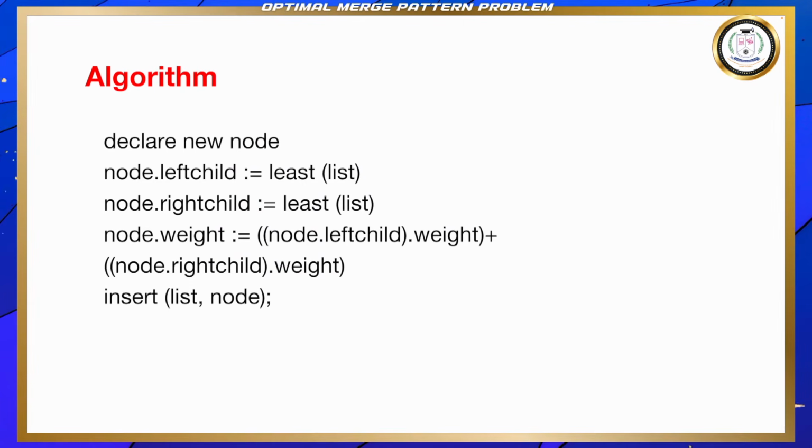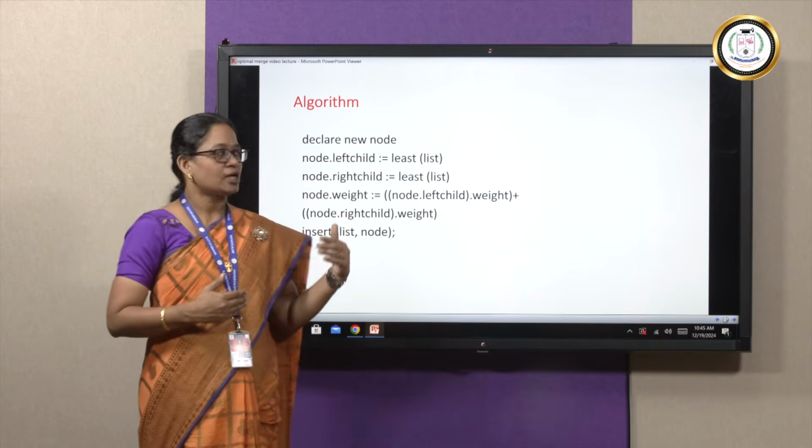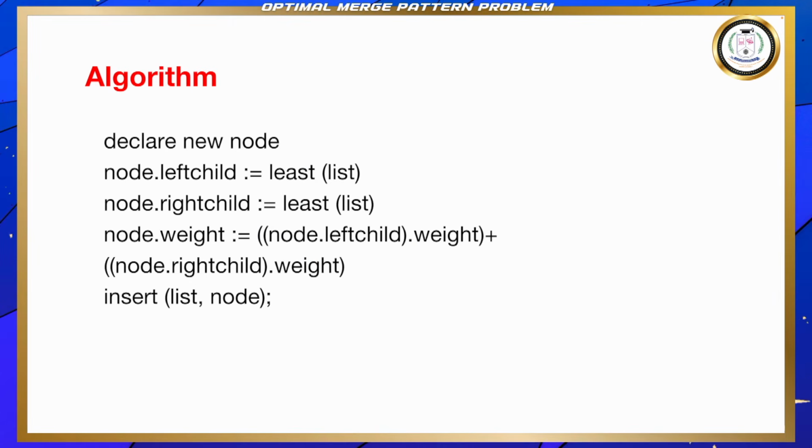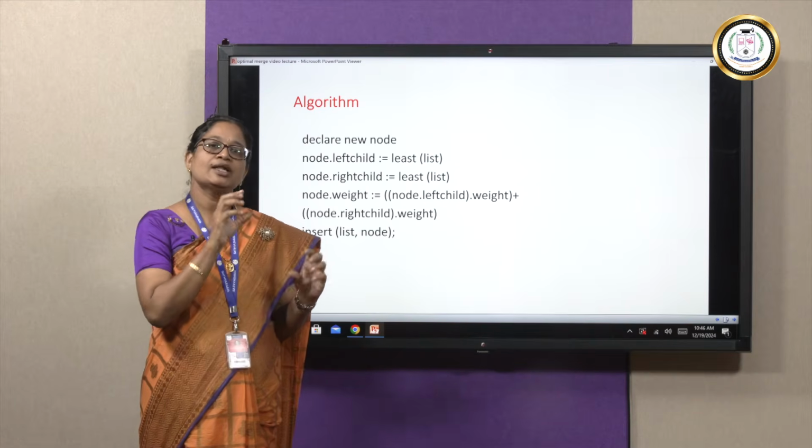Now let us devise an algorithm for the intermediate node. We are merging two files and we are getting an intermediate node, so for that we are going to write the algorithm. Declare the new node first. Take the minimum size file from the given list, and that should be the left node.